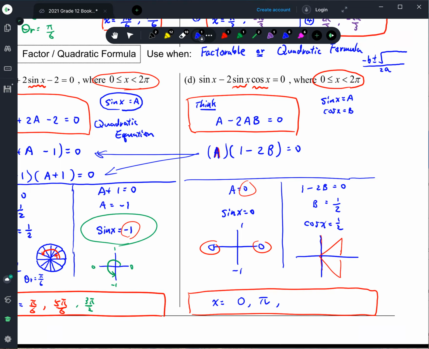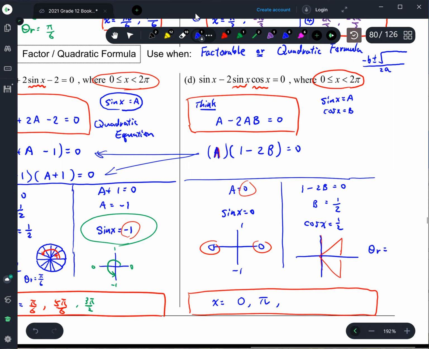All right, Angela, what's the reference angle for cosine x equal half? Pi over 3.